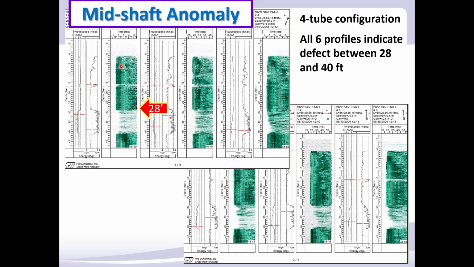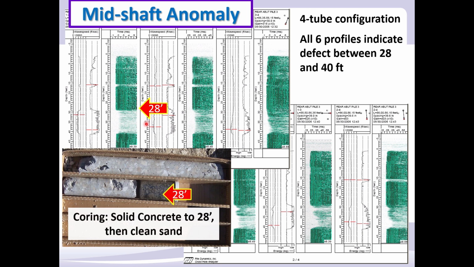Midshaft anomaly. Here we see it in all 6 profiles of this 4-tube shaft, and it starts at 28 feet depth. There's the 28 feet depth core. The coring indicated solid concrete to 28 feet and then clean sand for a considerable period of time there.